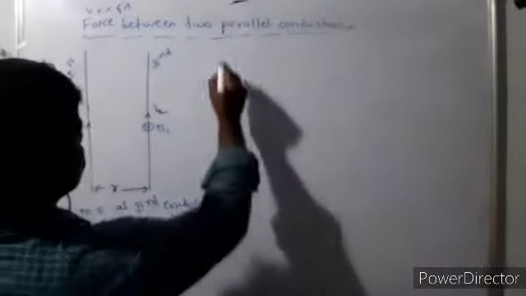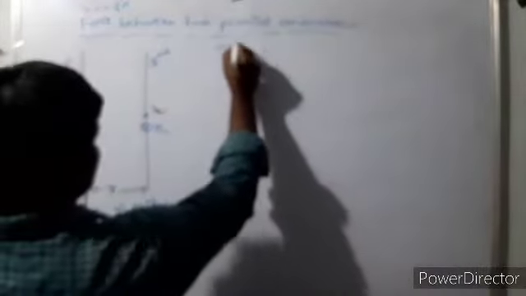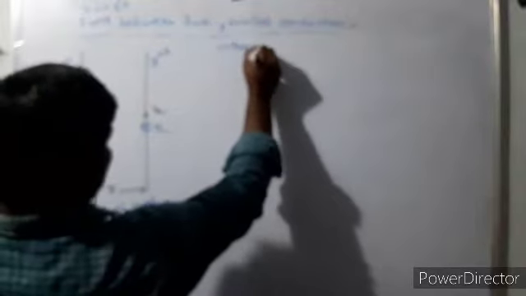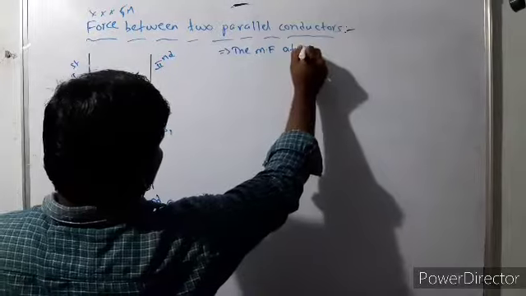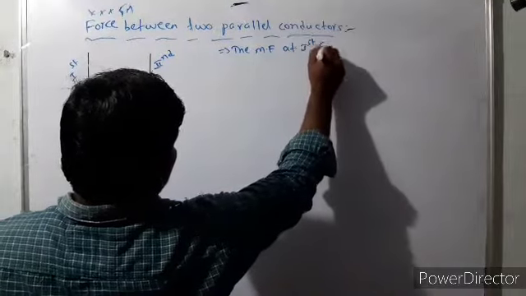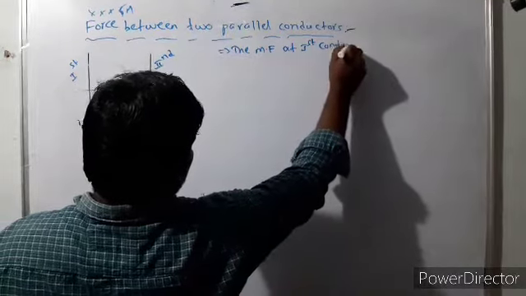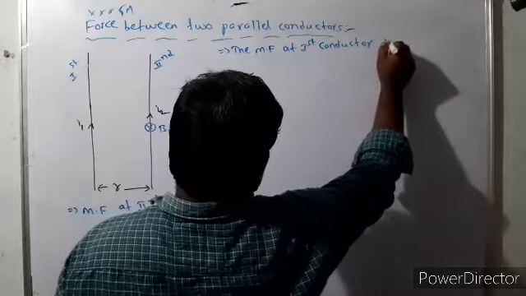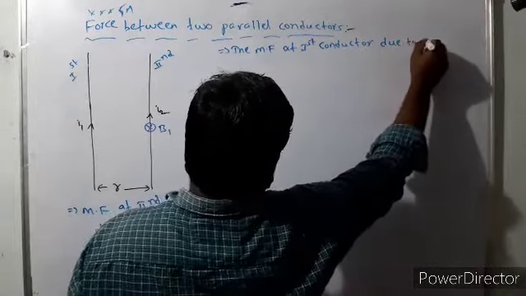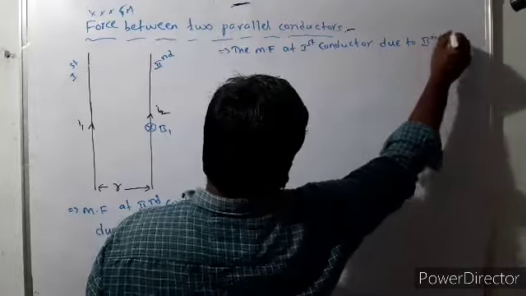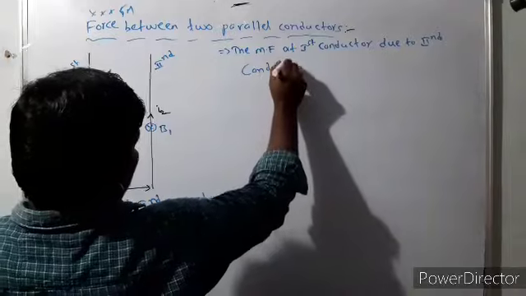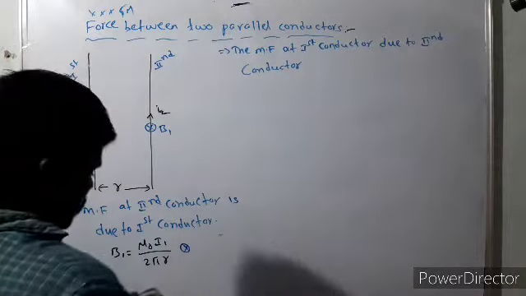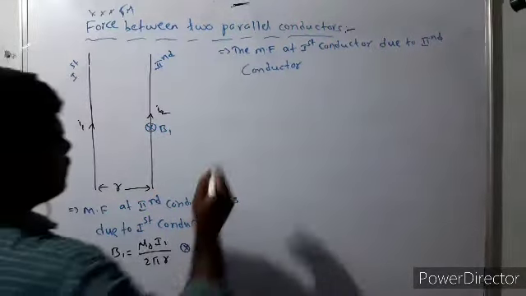Next, the magnetic field at the first conductor due to the second conductor will be B2.